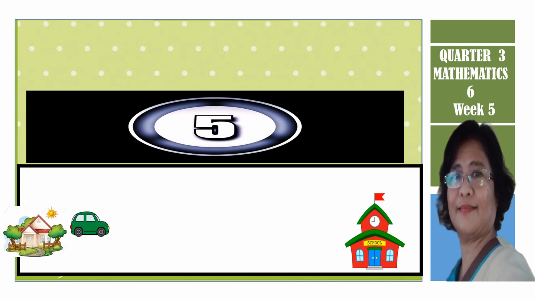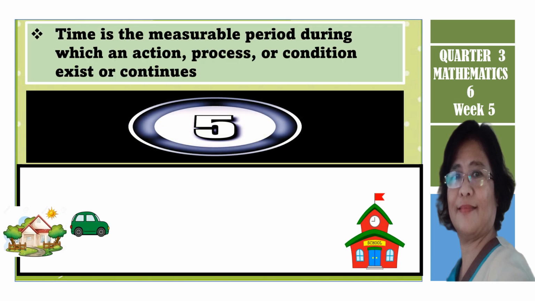Let us proceed to time. What is time? Time is the measurable period during which an action, process, or condition exists or continues. The car moves towards the school. The motion of the car started.